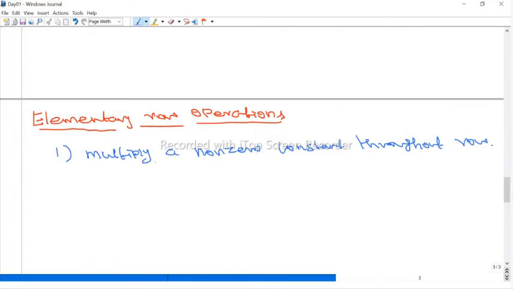The second kind is that you can interchange two rows. That is another operation. So if you interchange the first row and the second row, that is an elementary operation. Suppose you multiply the first row by 5 or the second row by 8, these are all elementary operations.